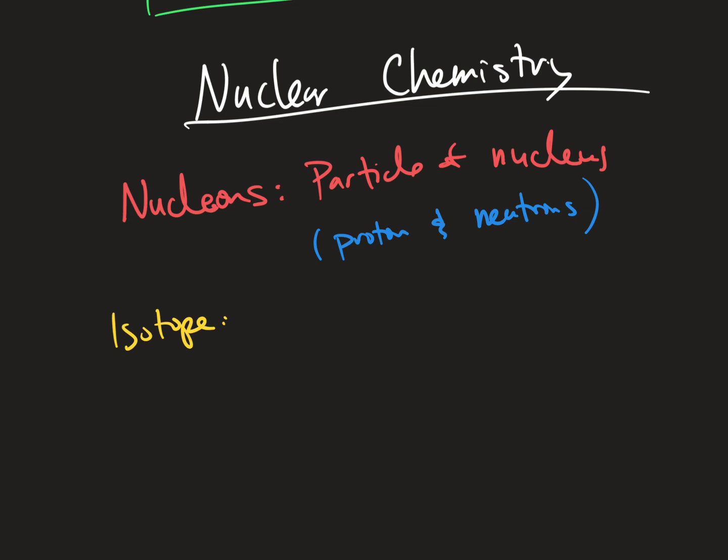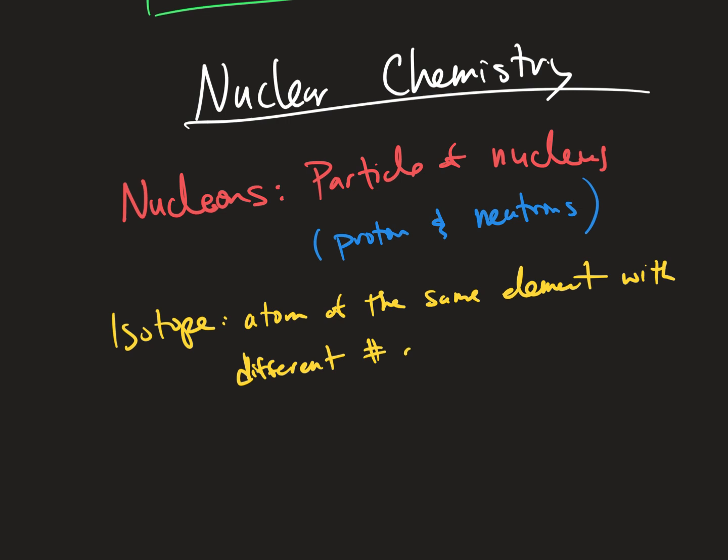So an isotope is an atom of the same element with a different number of neutrons. So in other words, they have a different mass number. You remember this stuff back from the very beginning? Okay.